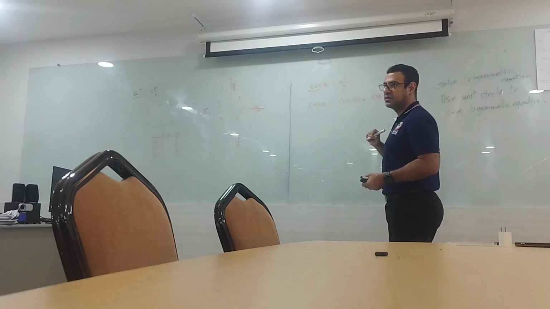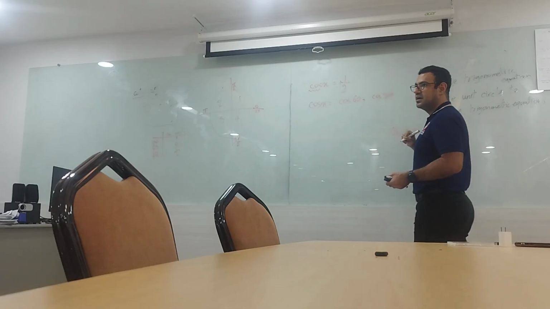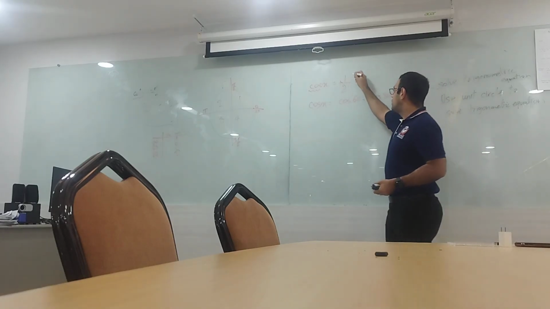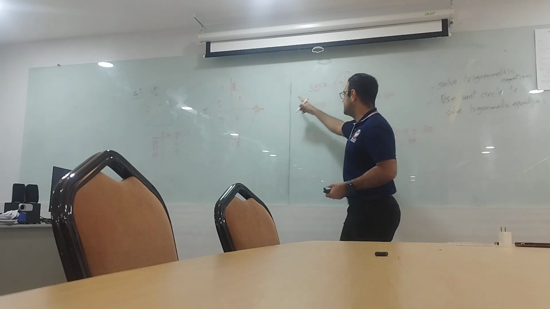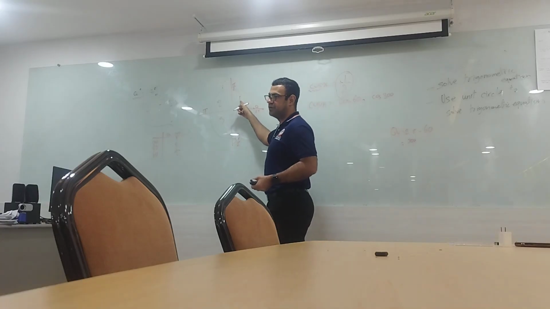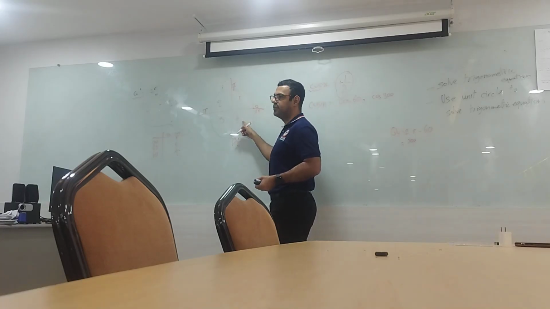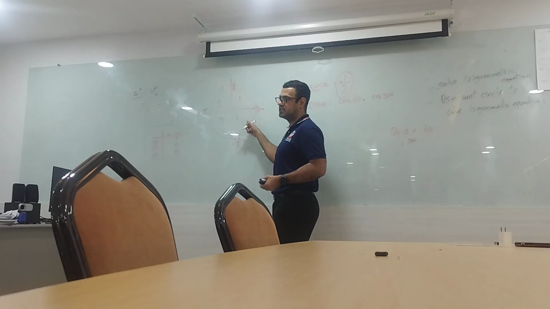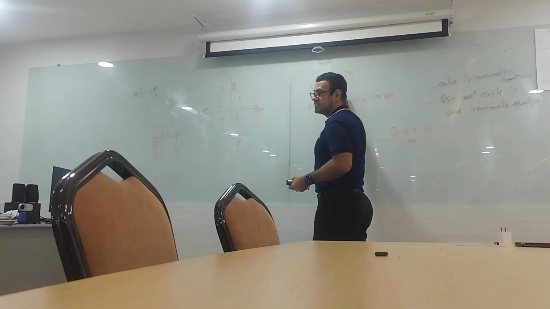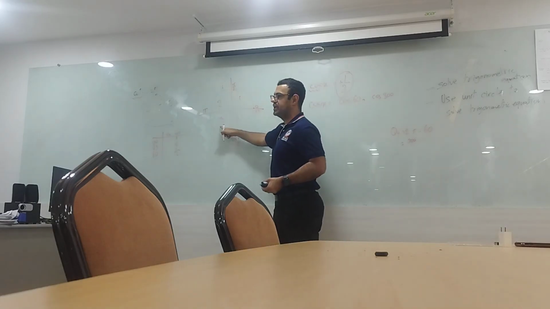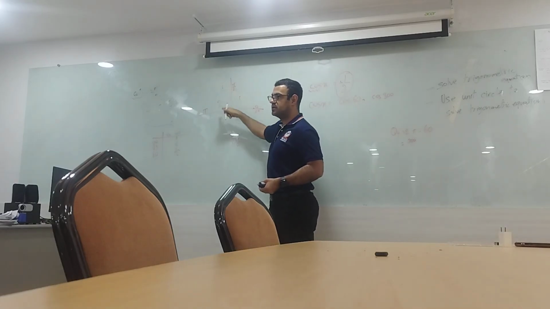Again, 1 over 2 positive is cosine 60. Since it's positive, I have two values for positive 1 over 2: one here, and the other one here, because cosine is positive in this part. If I have negative 1 over 2, it will be in quadrants 2 and 3, because in those parts cosine is negative.